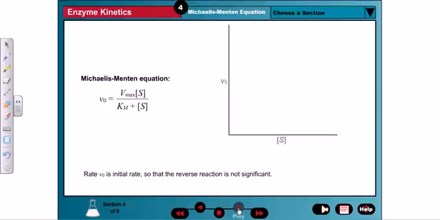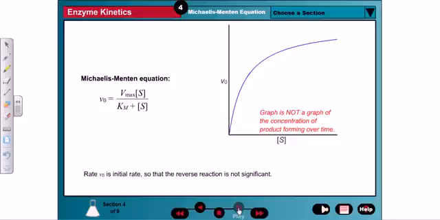The Michaelis-Menten equation and its hyperbolic graph describe how the reaction rate varies with substrate concentration for a one-substrate reaction. It is important to note that despite the similarities in shape, this graph is not a graph of the concentration of product forming over time.